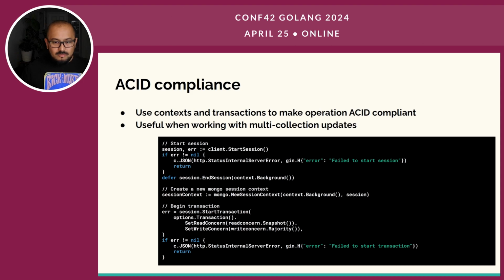But for some reason the amount got deducted, but the checkout was not successful. There should be some mechanism you set up so that if the order fails, the transaction for deducting the amount should also be rolled back. So this is where using context and transactions makes the operation more ACID compliant.